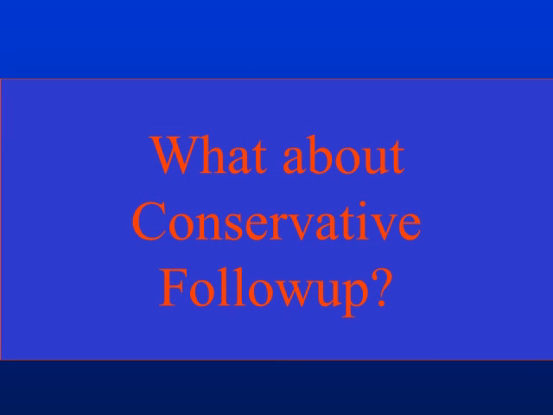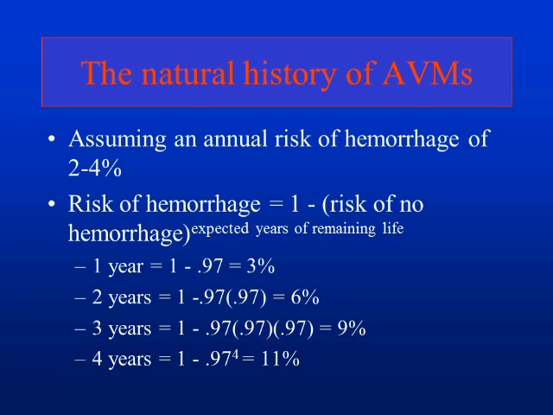All right, now we don't treat every AVM patient with radiosurgery or surgery. We have a conservative option that we can use. And what about the conservative option? How risky is that? When some of us talk about surgical decision making, it comes down to evaluating the risk of surgery versus the natural history risk.